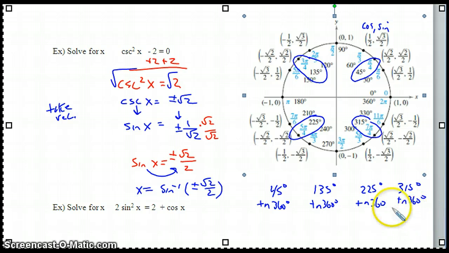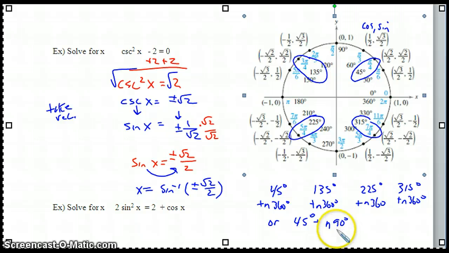Or another thing that I could do is recognize that because they're multiples of 45, they happen to all be 90 degrees apart from each other. So the difference between here and here is 90 degrees, 90 degrees, 90 degrees, and 90 degrees. I could really just list out my first one and write it as 45 degrees plus some multiple of 90 degrees. Your book is going to give you the answers as 45 degrees plus some multiple of 90.